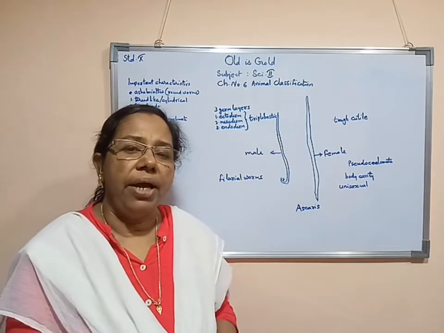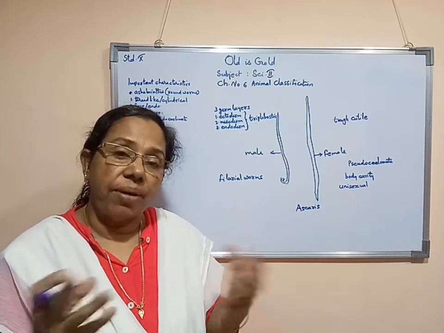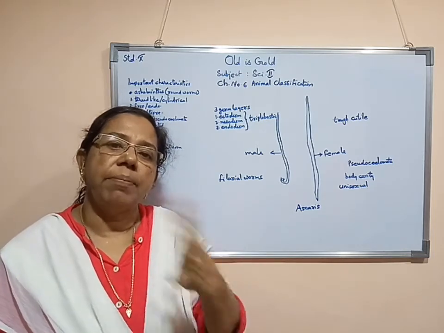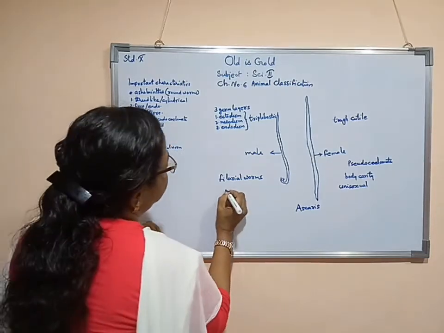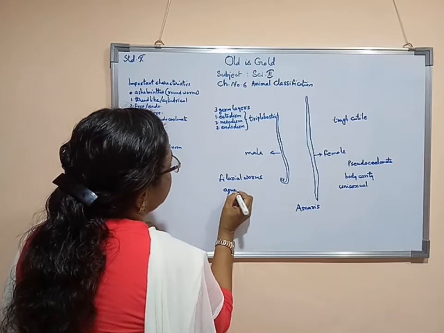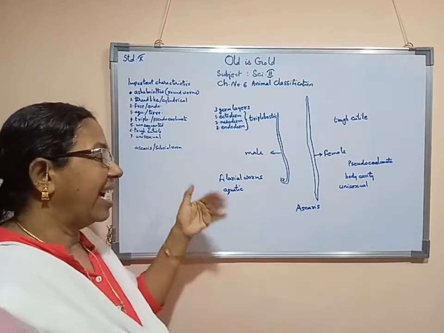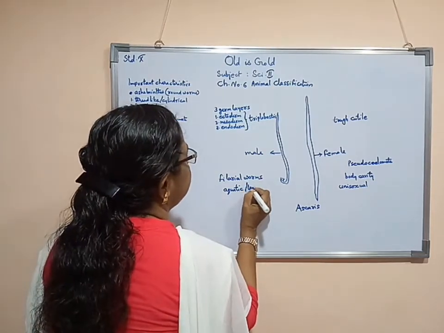Among ashelminthes, some are endoparasites, some are free living. Free living means they are either aquatic animals or terrestrial animals.